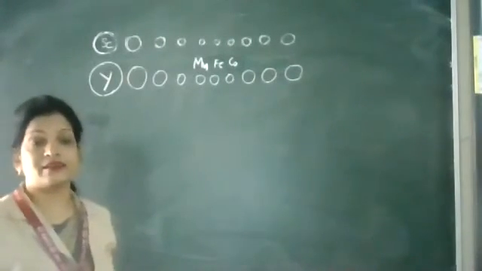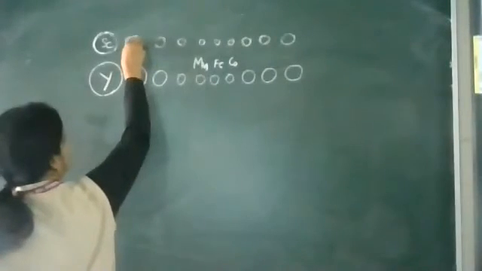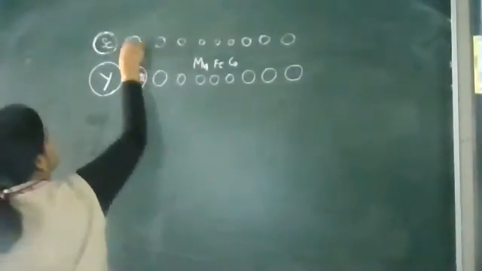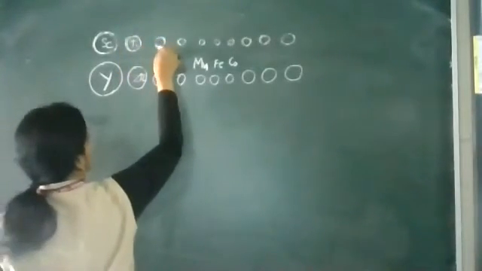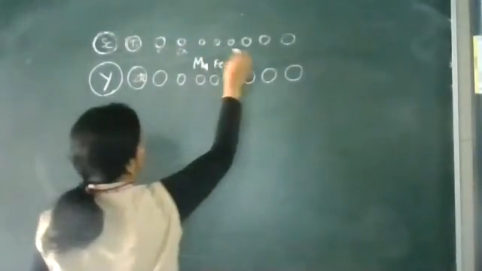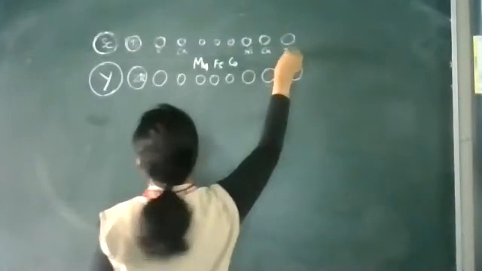This is the second transition series: yttrium, and this is scandium, titanium, so this is zirconium. Scandium, titanium, vanadium, chromium, manganese, iron, cobalt, nickel, copper, zinc.